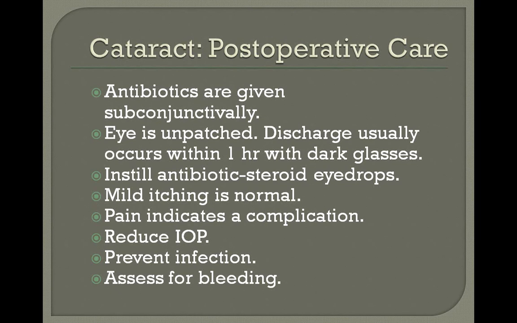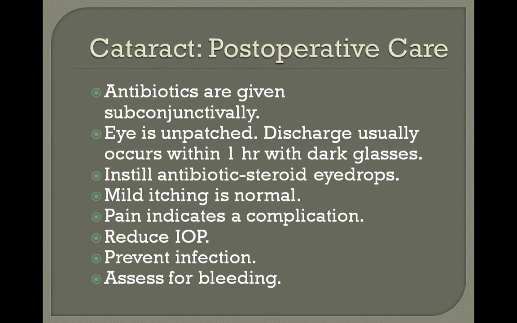On the other hand, the person may have a white discharge that develops, a creamy white discharge. The person may have a crusty drainage that develops. That is normal. Yellow or green is not normal. Yellow or green needs to be reported to the physician, and the person also needs to assess for bleeding. Okay? So again, what do we expect? We expect that the person may have mild itching. The person may have a little swelling and bruising.